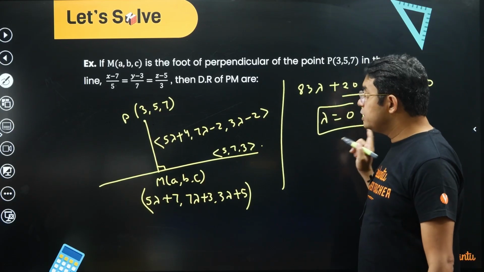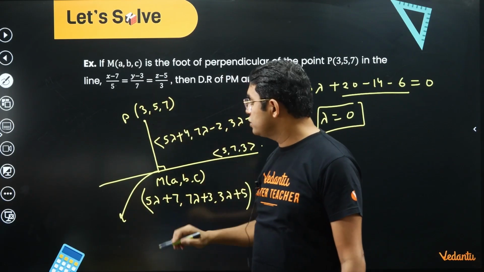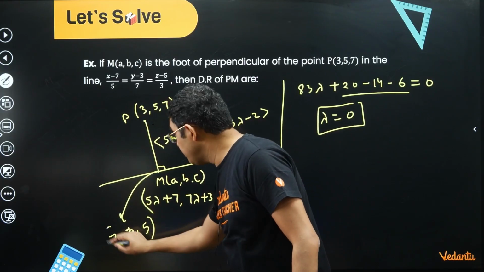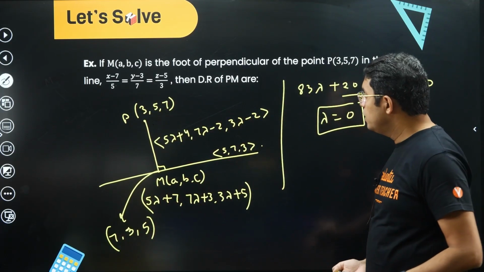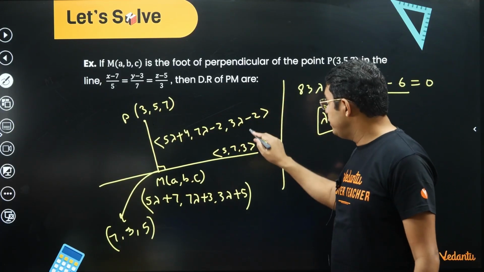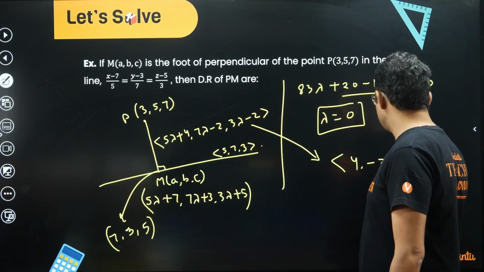What does this tell you? If lambda is equal to 0, this means the point they have written in the equation of the line, that is 7, 3, 5, itself is the foot of perpendicular. Okay, they are asking the direction ratios of PM, so with lambda as 0, my final answer should be 4, minus 2, minus 2.